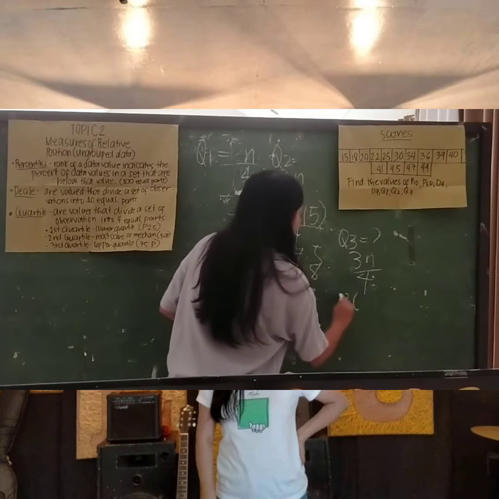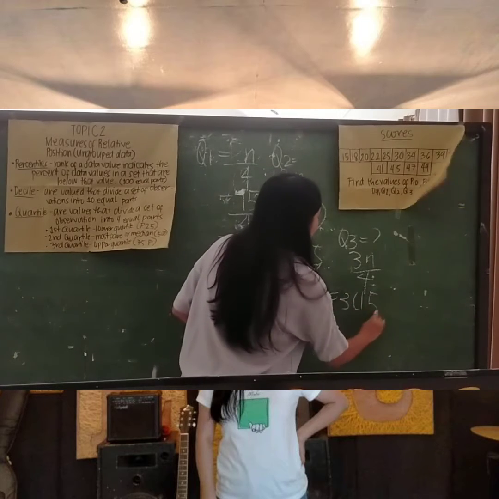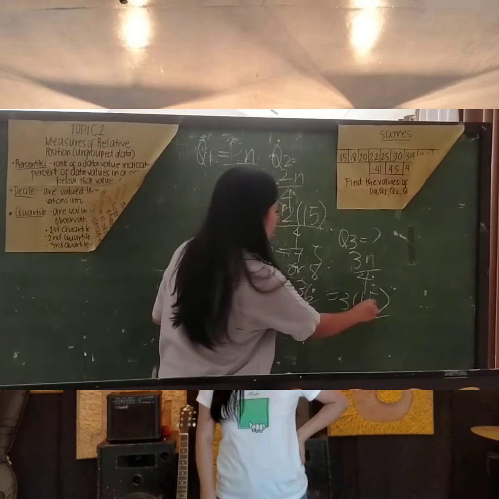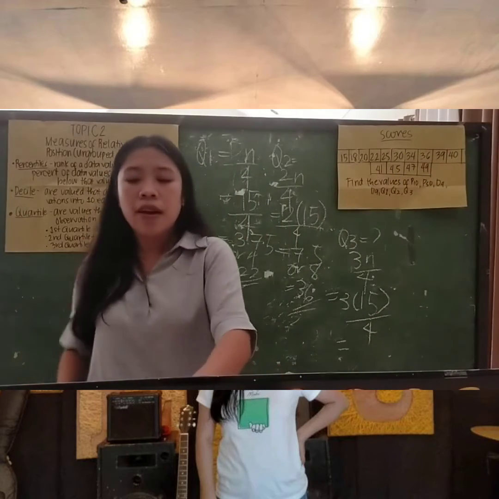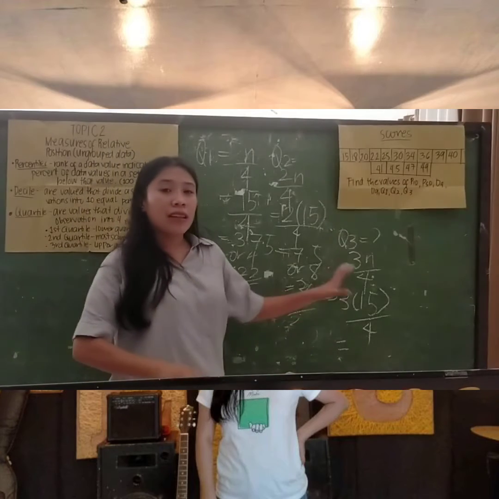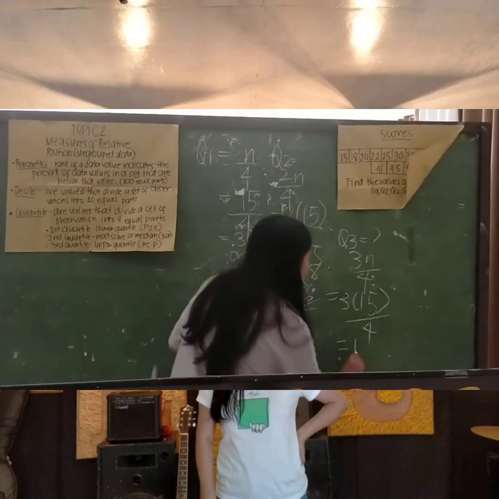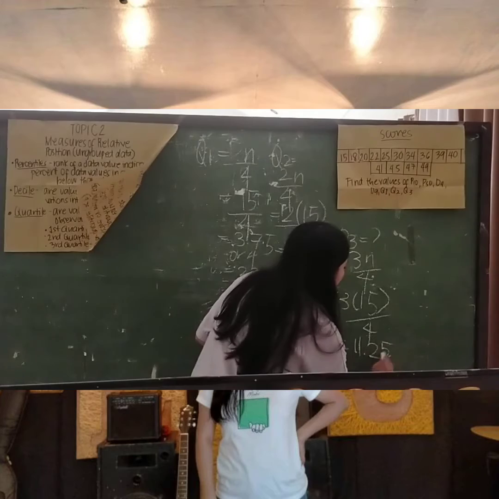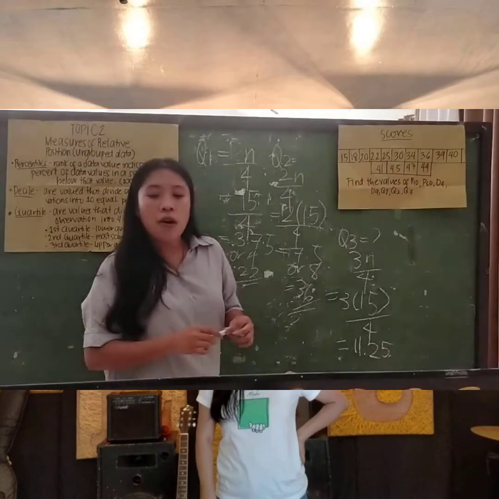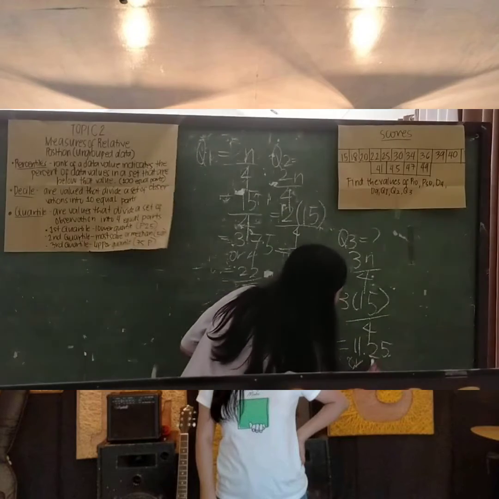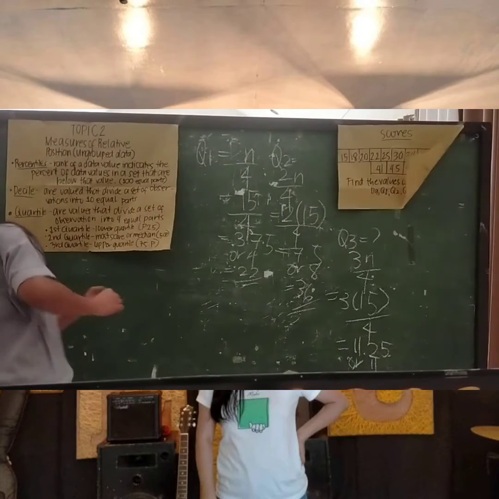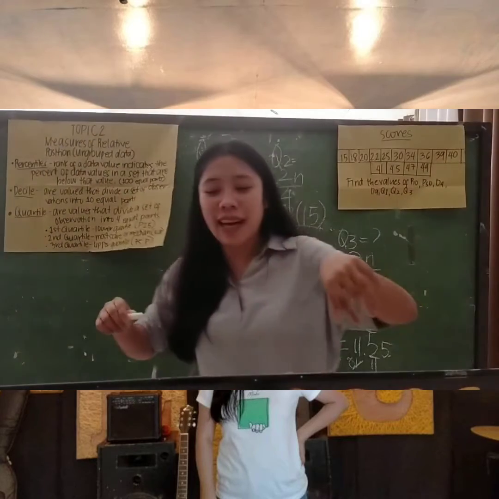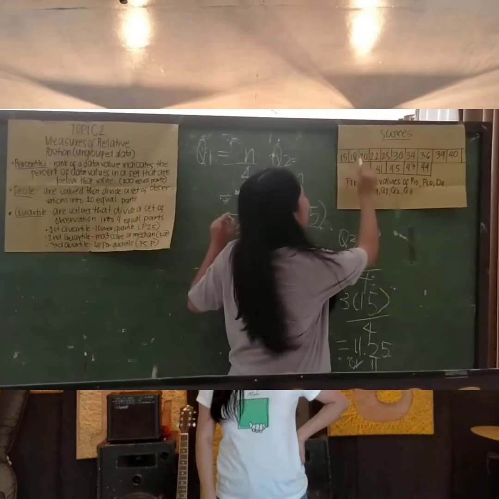So 3 multiplied by our given 15 scores, over 4. We solve it on the calculator, and the result is 11.25 or 11. The eleventh score is 40. So that's how it goes.